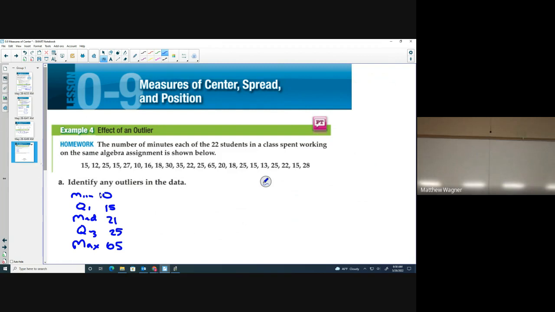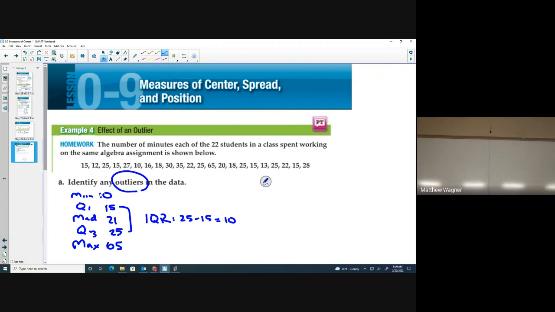When determining outliers, we want to compare what's called our interquartile range. Between 25 and 15 is 10. So half of our data is in this range of information. Our interquartile range is 10.